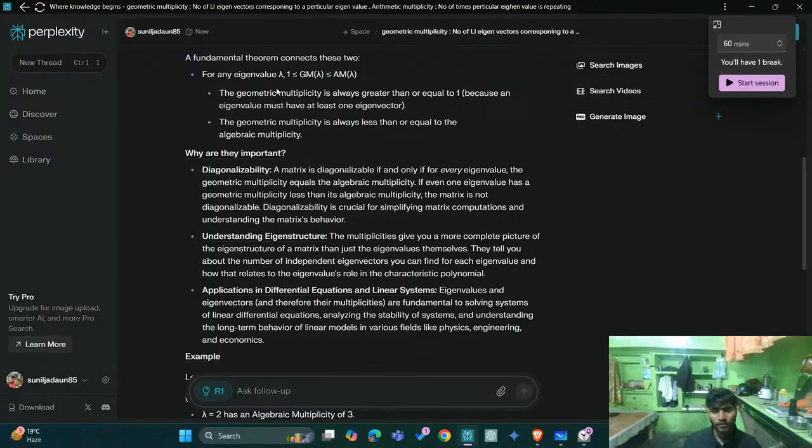Even if one eigenvalue has a dimension of eigenspace less, it is not. Geometric multiplicity is the dimension of the eigenspace.